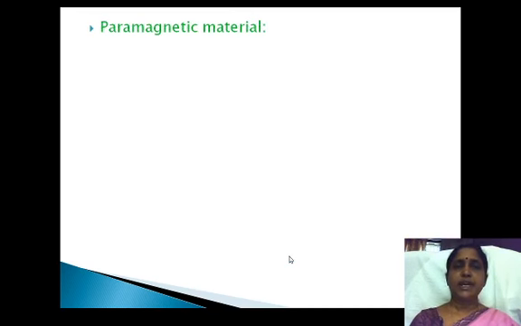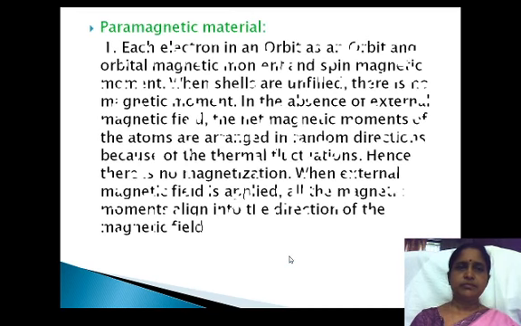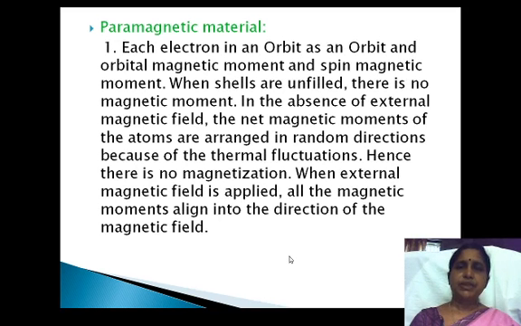Next, paramagnetic material. Each electron in an orbit has an orbital magnetic moment and a spin magnetic moment. When shells are filled, there is no net magnetic moment. In the absence of an external magnetic field, the net magnetic moments of atoms are arranged in random directions because of thermal fluctuations, so there is no magnetization.